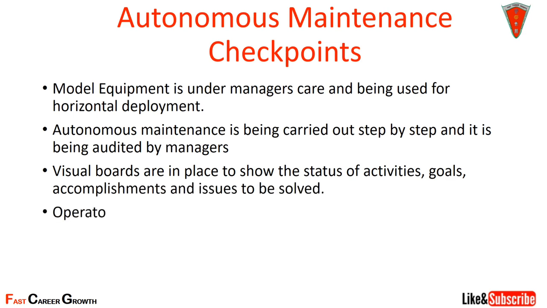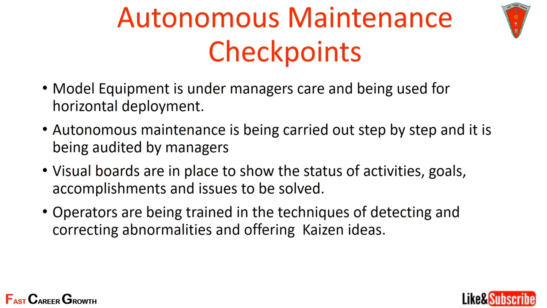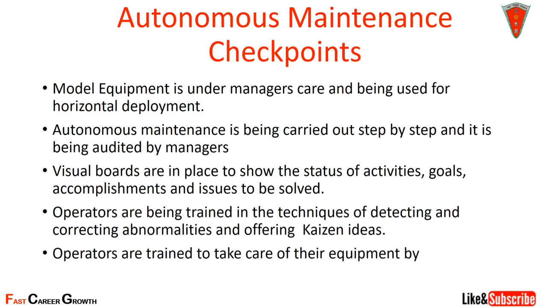Operators are being trained in the technique of detecting and correcting abnormalities and offering Kaizen ideas to overcome the problem, and the operators should be subject matter experts. Operators are trained to take care of their equipment by themselves because they are working 8 hours on those machines, so they know their machines very well.